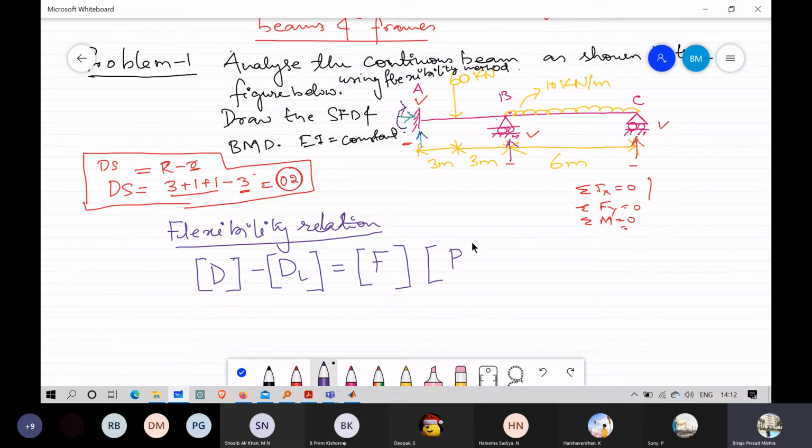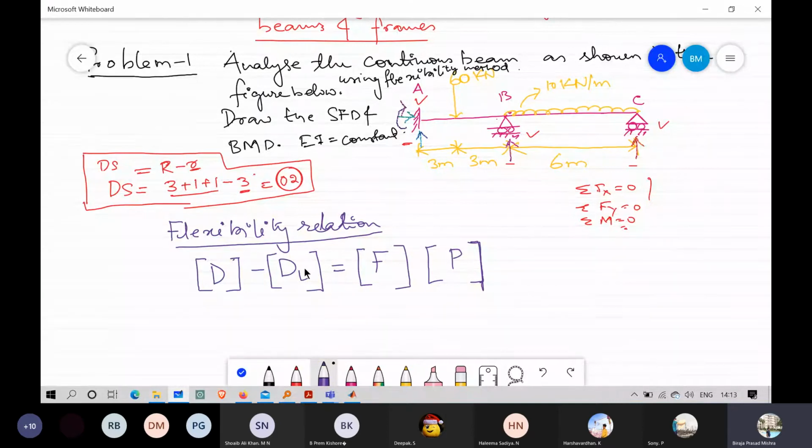Now you may ask, sir, why are you putting everything in brackets? Are we going to do something with matrices? Yes, we are going to solve this problem using matrices, and this flexibility method is also called the matrix method.